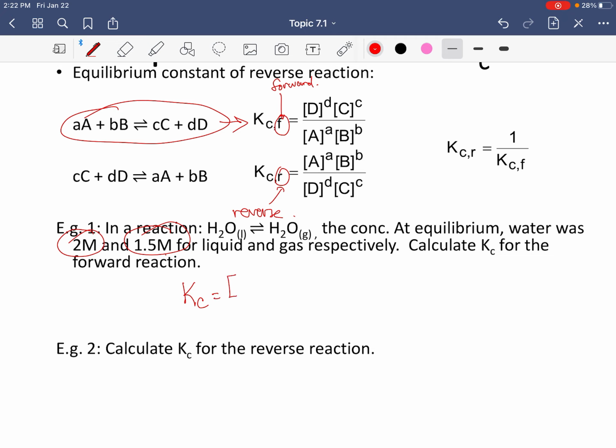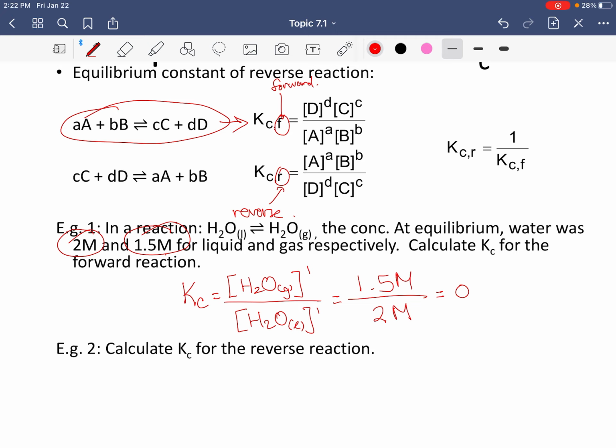So the Kc expression for this reaction is H2O gas to the power of 1 (usually you don't even write that) over H2O liquid to the power of 1. And we know what those numbers are because at equilibrium they said H2O gas is 1.5 and H2O liquid is 2.